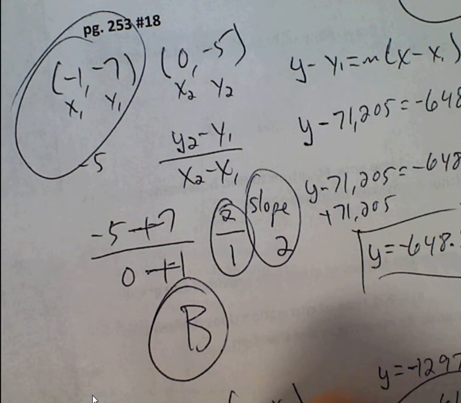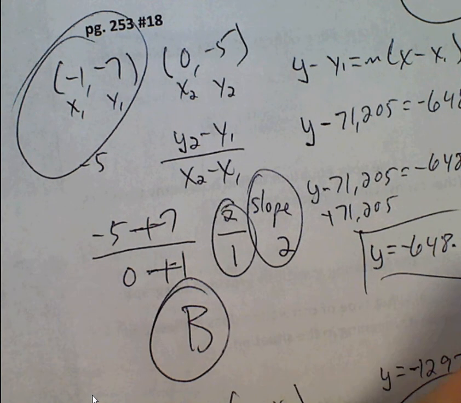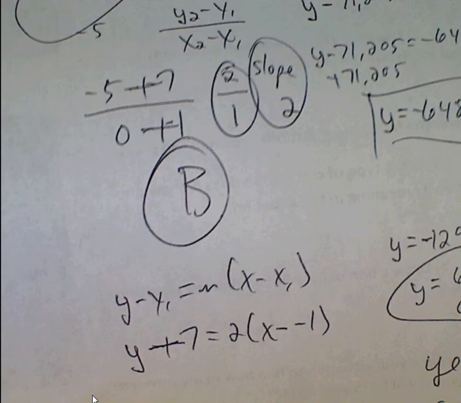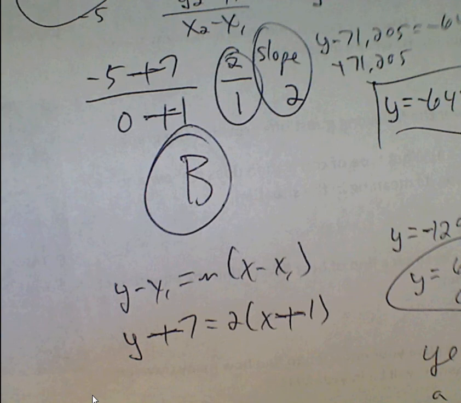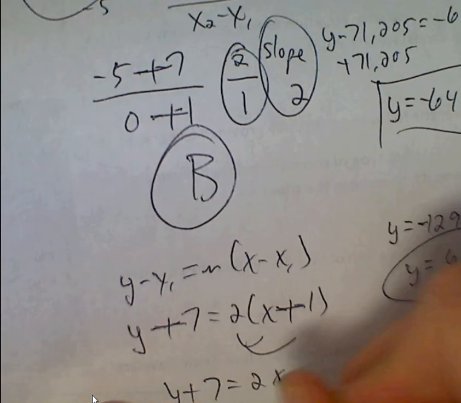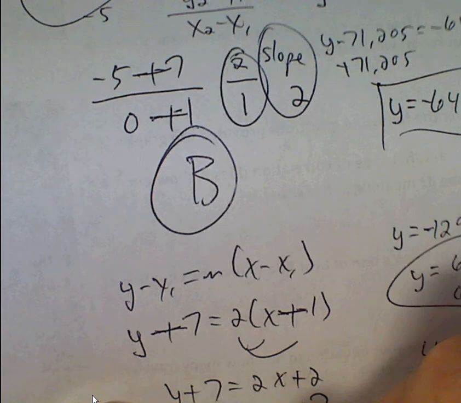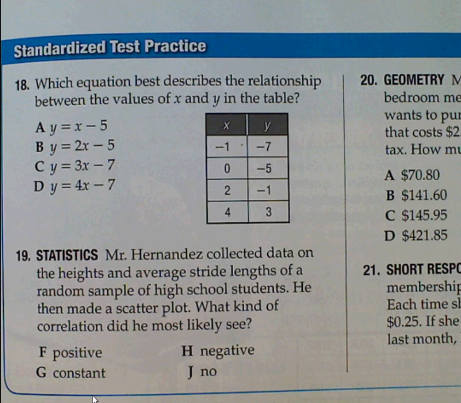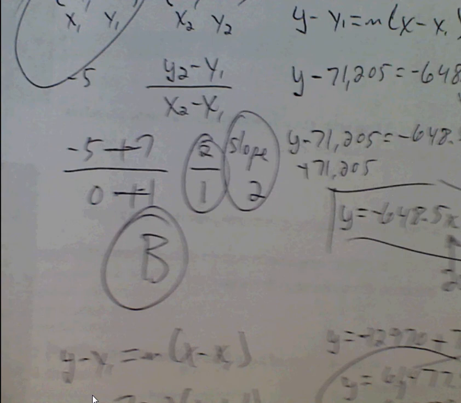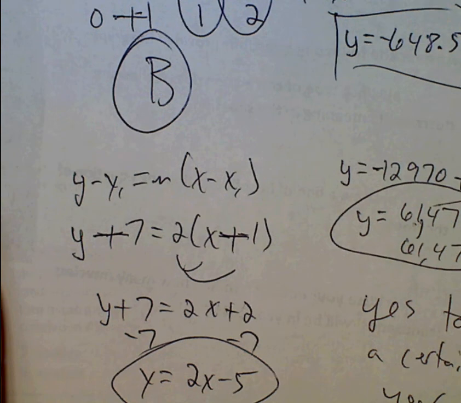So y minus y1 is y minus -7, so that's plus 7. My m is 2, x minus -1 becomes x plus 1. If I distribute, I get y plus 7 equals 2x plus 2. Subtract 7 from both sides, y equals 2x minus 5. And that is exactly what they got. Y equals 2x minus 5. And we are done.